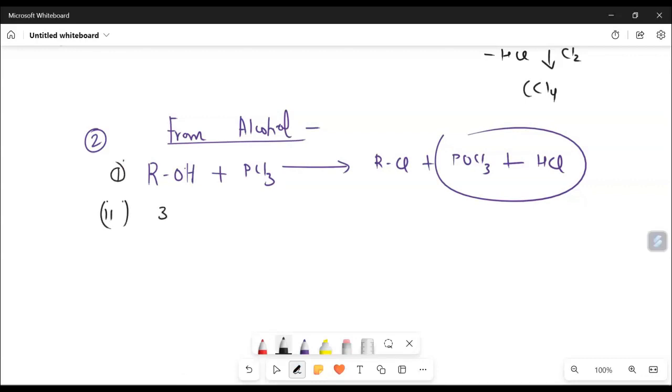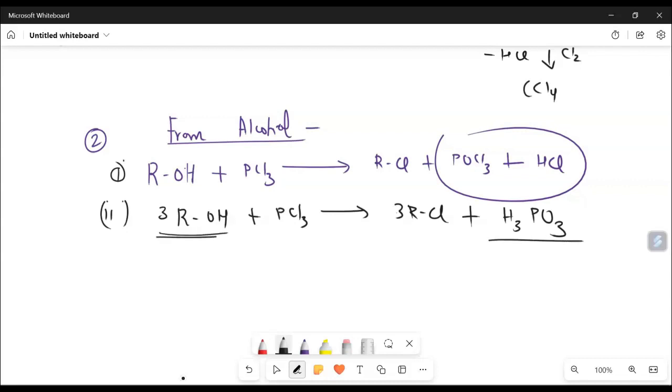From alcohol, the another method is 3 ROH, means 3 moles, added with PCl3, then it will form 3 RCl, but the product will change. The formation will be H3PO3. So if it is in excess, it will form H3PO3 acid.